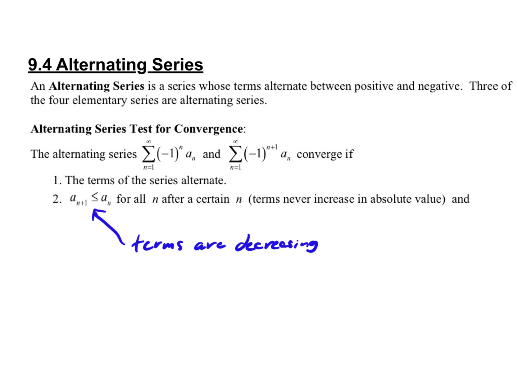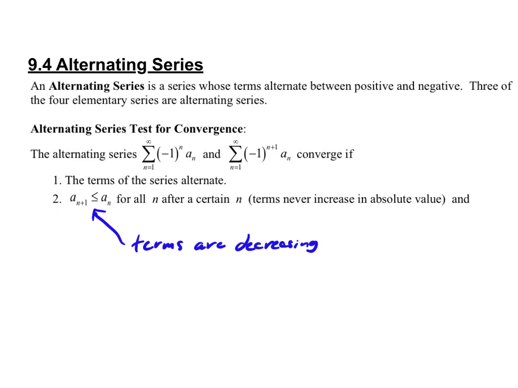And the piece about after a certain n: it could happen from the first term. It can decrease right from the first term, second term, third term. It might not start decreasing until the fifth term, but then it decreases from 5 to infinity. If something like that happens, you state that. It meets the condition when n is greater than or equal to 5, or something like that.